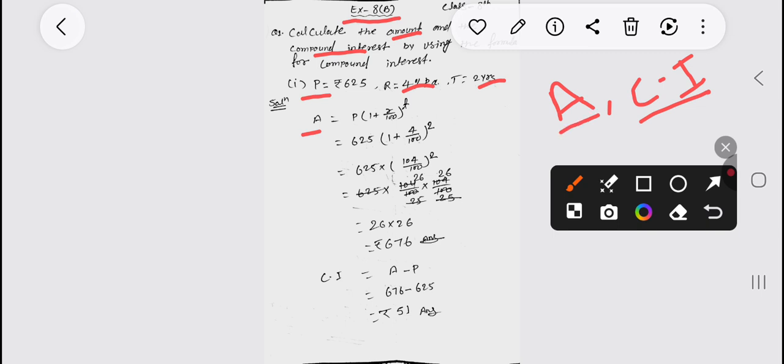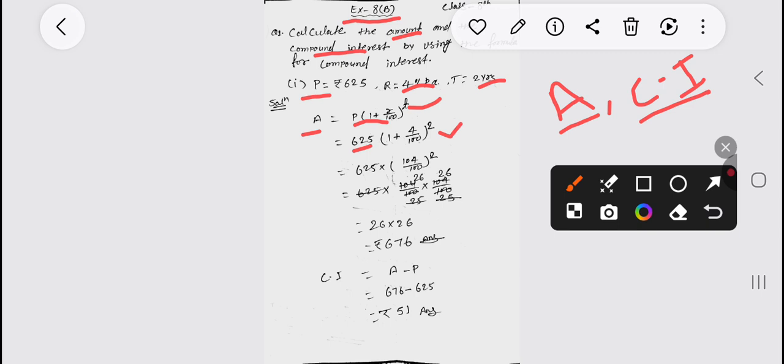So we will apply the formula: amount is equal to P into (1 plus R upon 100) to the power T. This is the formula for amount. Our principal is 625 into (1 plus 4 upon 100), time is 2 years, so power 2.